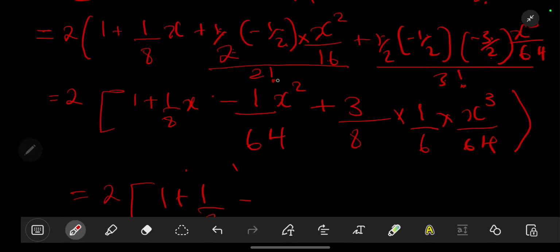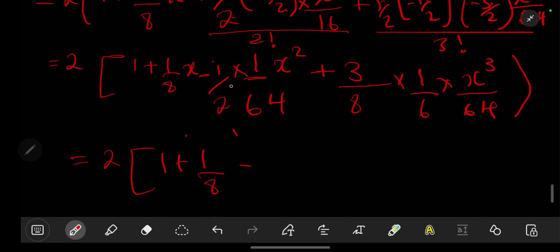We were supposed to put 2 factorial here. Due to the space, it's making me make some mistakes. So here we are supposed to put 1 over the 2. So don't forget the factorial. So we have the 1 over 2 factorial. So this is going to give us minus 1 over 2 times 64 is 128 like that.